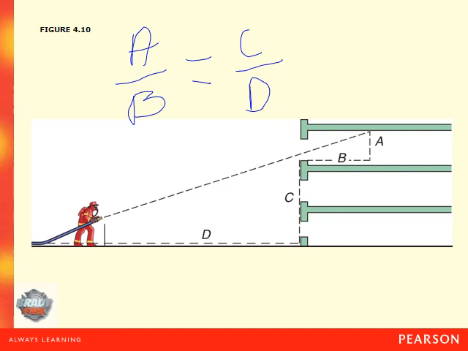So we know that this is going to be on the third story, or floor, shall we say. But that's not going to have a whole lot of effect on A right here, because we know that this point here, coming through the windowsill, we've got 12 feet high, and that's just going to be a constant that we're going to use. And we're going to subtract 3 feet for the window, so we know that A is going to be 9.